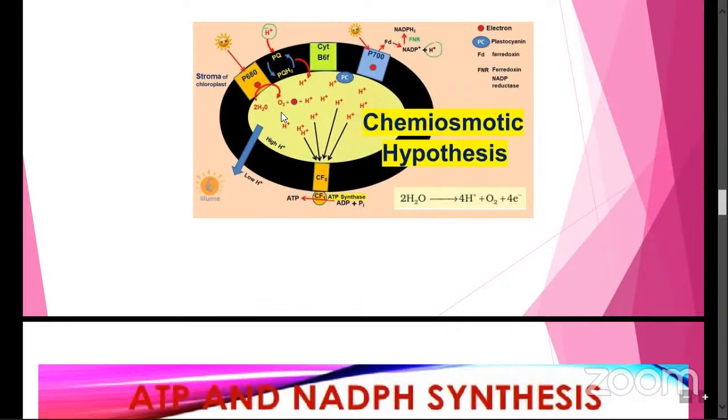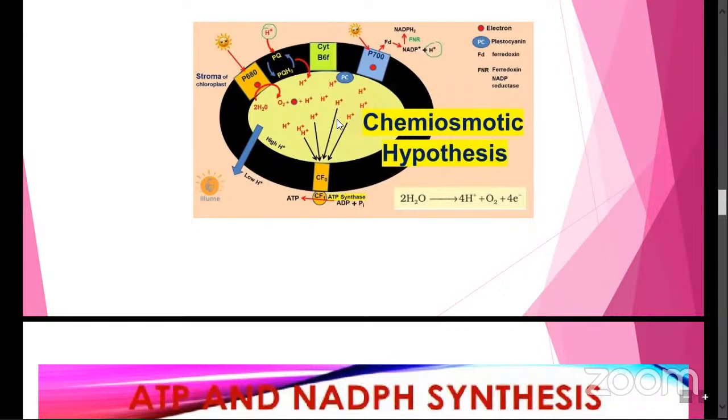Out of those three, one is oxygen, which diffuses out as a byproduct; the second is electrons, which compensate the electron loss in the pigment system too. And the remaining is a pair of protons, so automatically they are in the lumen only. That means the protons formed by photolysis of water are in the lumen only. So in two ways, protons are accumulated in the lumen.